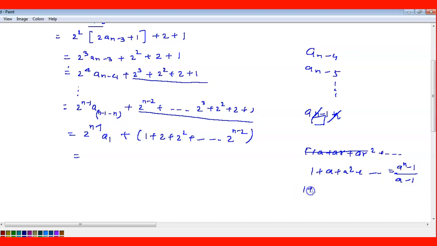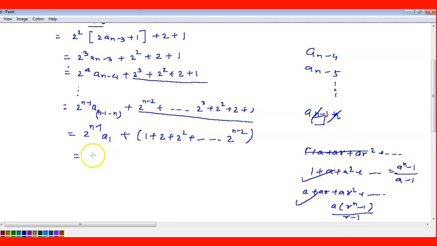Okay, and if you are given a plus ar plus ar square and so on, the formula is a into r to the power of n minus 1 upon r minus 1. These two formulas in the GP, keep in mind.